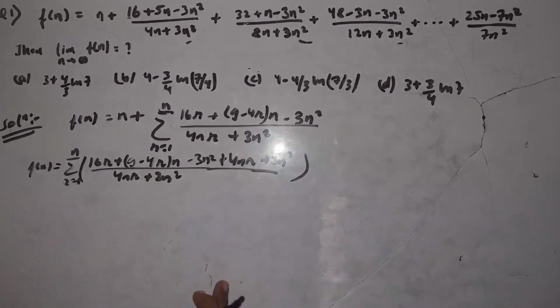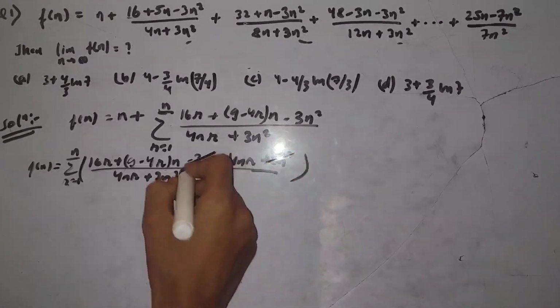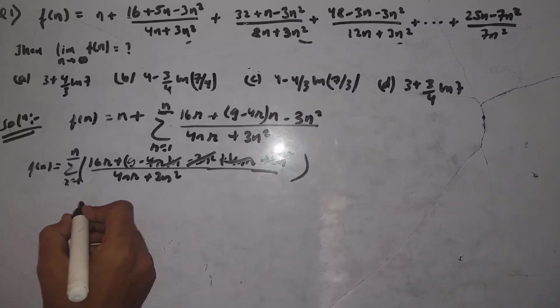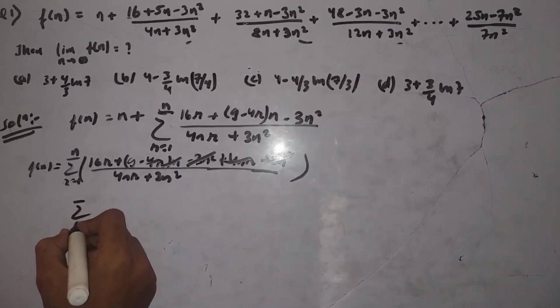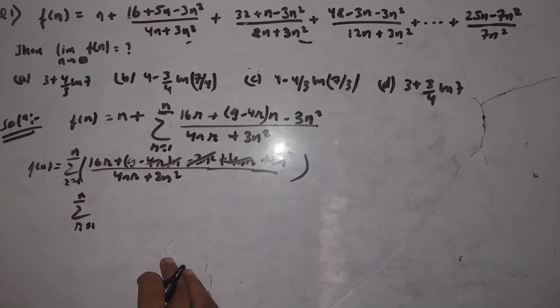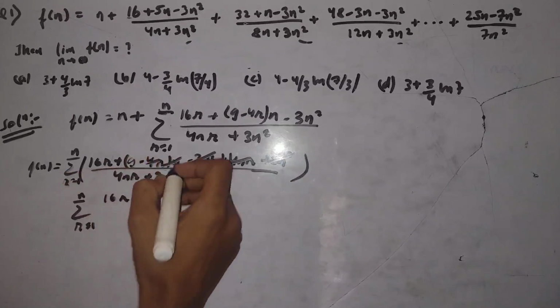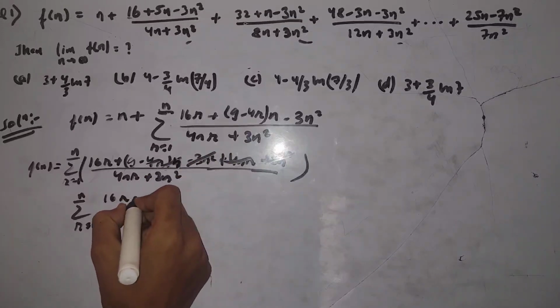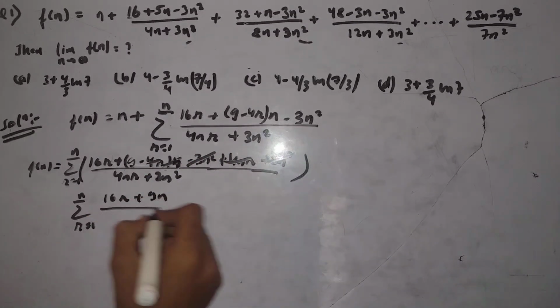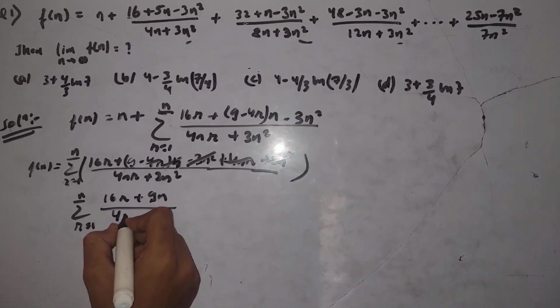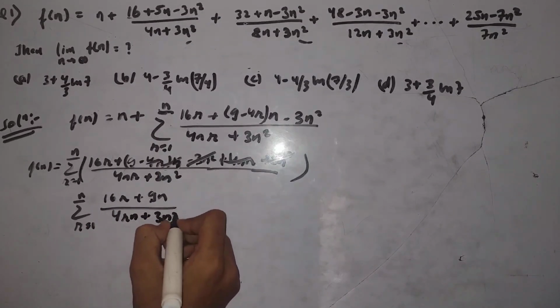This 4nr is cancelling here, this is 9n, and this 3n square is cancelling here, and this is 4nr, and this 4nr is cancelling here. So ultimately we are getting sigma r equals 1 to n, and in the numerator we are getting 16r plus 9n, and in the denominator we have 4rn plus 3n square.